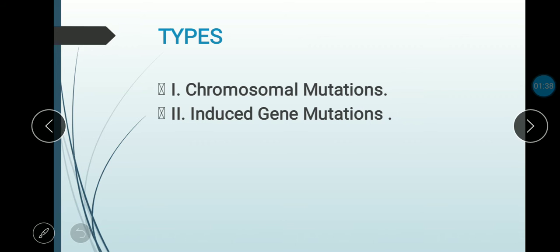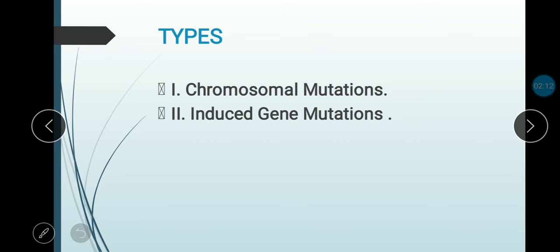Then the types of mutations. Mutations are of many types and are due to many reasons. Basically, mutations are divided into two categories: chromosomal mutations and gene mutations. They may also be divided on the basis of mutagens, that is natural mutations and induced mutations.